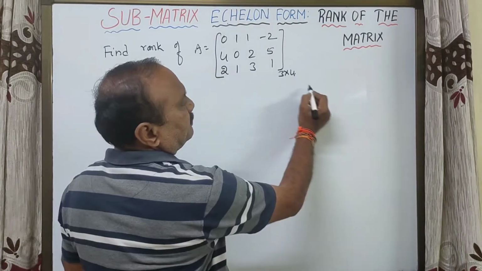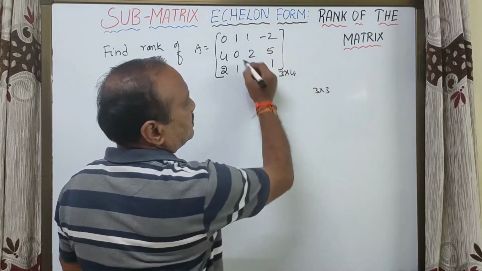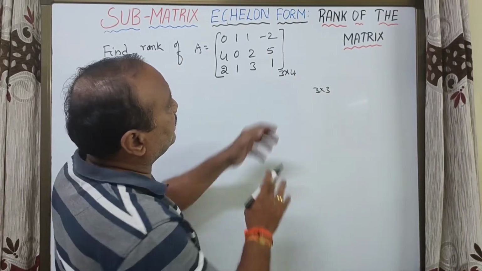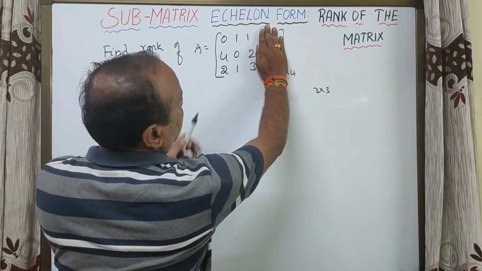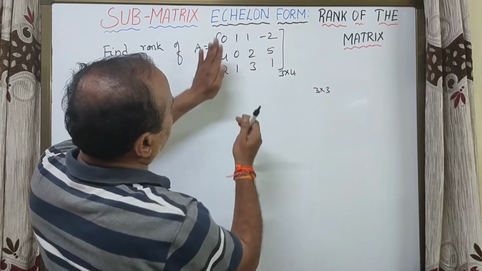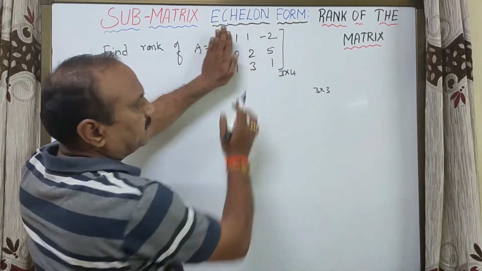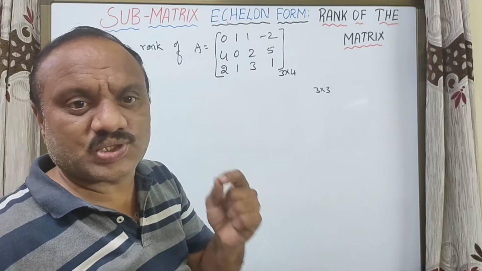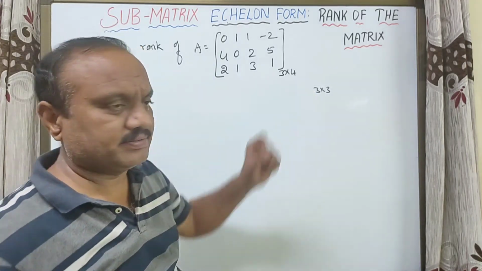First you consider a 3 by 3 submatrix of this. How can you get a 3 by 3 matrix? By deleting any one of the columns of this. If you delete C3, it becomes 3 by 3. If you delete C1, it is 3 by 3. If at least one 3 by 3 submatrix is non-singular, rank is 3.